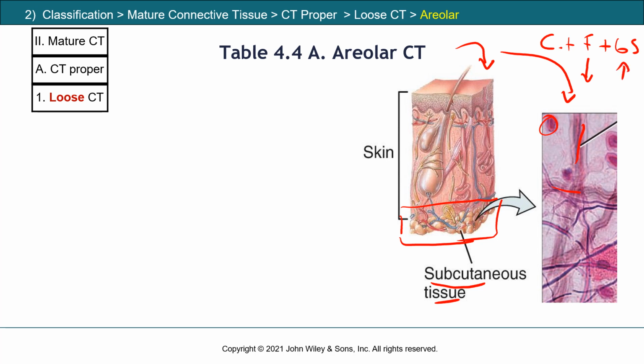And this is called areolar connective tissue because there is a lot of space, ample space between the fibers. The fibers are far from each other, and this open space is filled with interstitial fluid. In addition, I told you this is the most common, most abundant type of connective tissue.